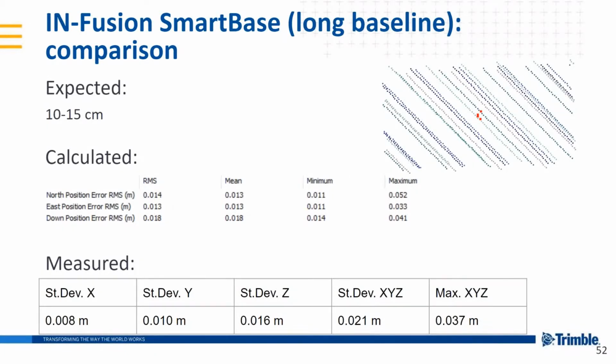With the expected 10 to 15 centimeters accuracy, for the calculated error RMS and the measured standard deviation, we got about 1 centimeter in XY and 1.6 in Z, and the general standard deviation 2.1 centimeters. You can see all the target hits overlap a bit less than the others, but it's very good.